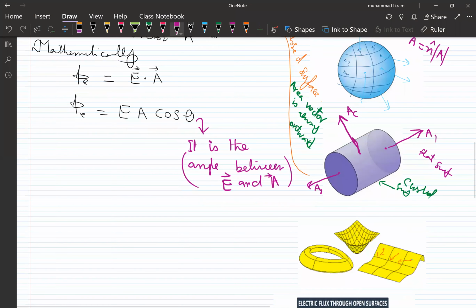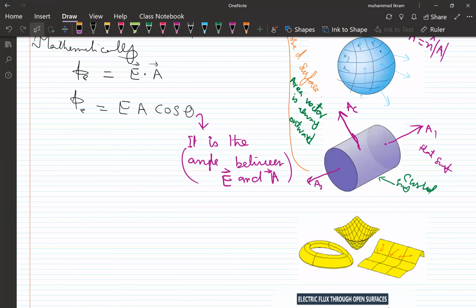That is the electric flux. If I mark this, look, this is the projection of the area vector in the direction of the electric field intensity. So electric flux, being the scalar or dot product, is naturally always a scalar quantity.